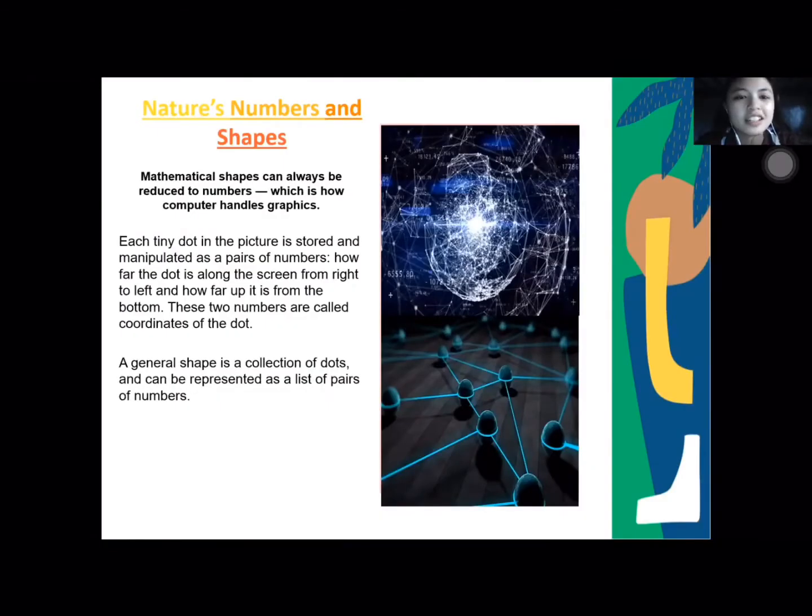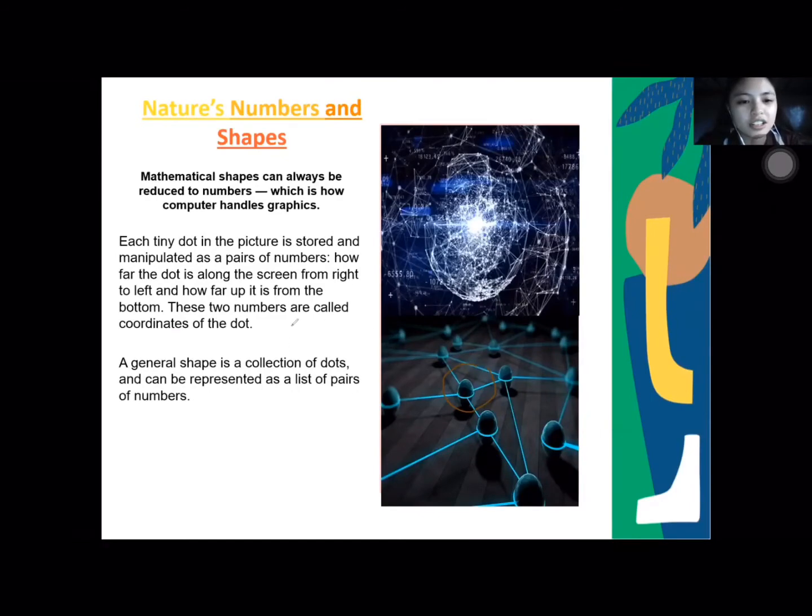Next is nature's numbers and shapes. Mathematical shapes can always be reduced to numbers, which is how the computer handles graphics. Each tiny dot in the picture is stored and manipulated as a pair of numbers: how far the dot is along the screen from right to left, and how far up it is from the bottom. These two numbers are called the coordinates of the dot.